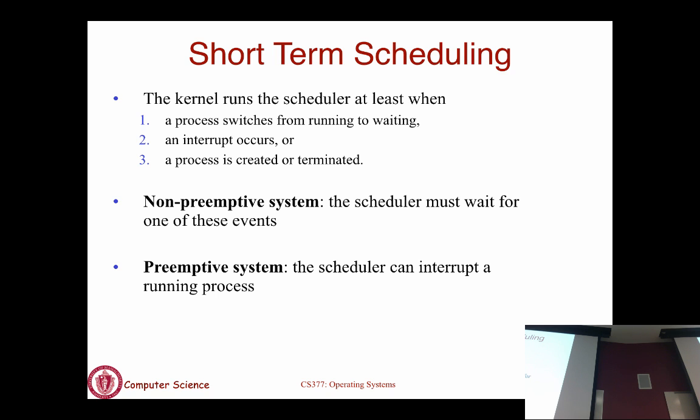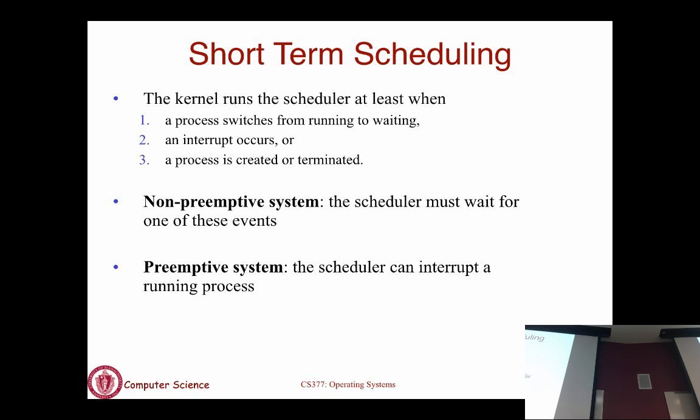Or whenever a new process is created or terminated, the kernel is also going to run, in order to either create the process, or terminate the process that has just finished, and then you have to decide what process is actually going to execute. Now in a non-preemptive system, the scheduler must wait for one of those events to occur before it actually makes a decision.